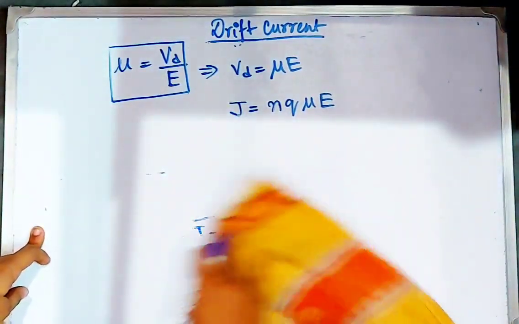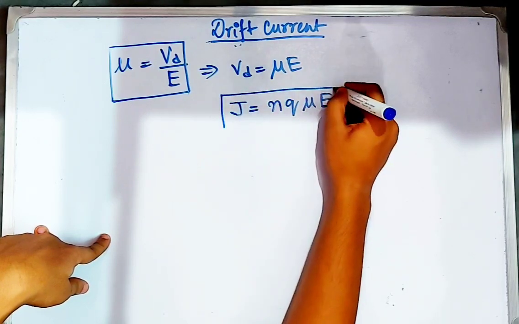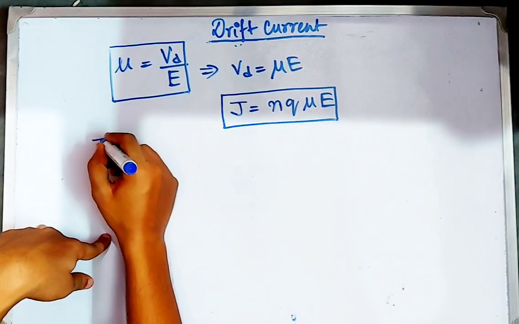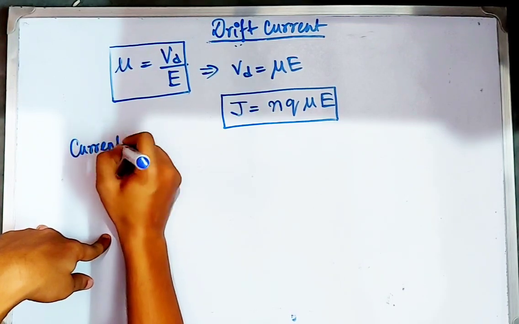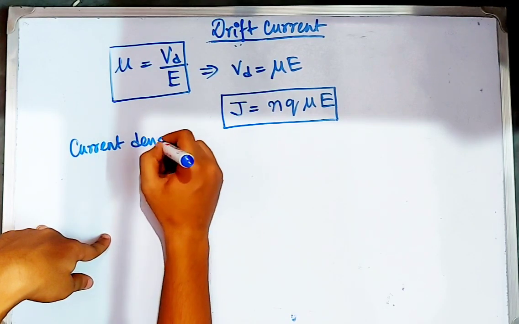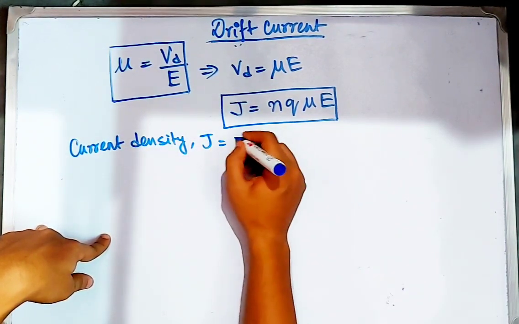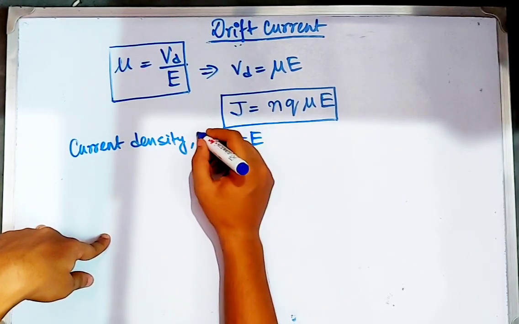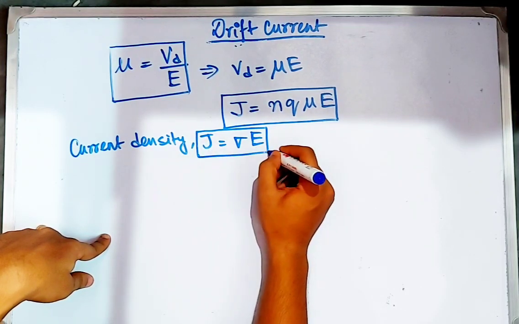And we know one thing, that current density is equal to conductivity into electric field.